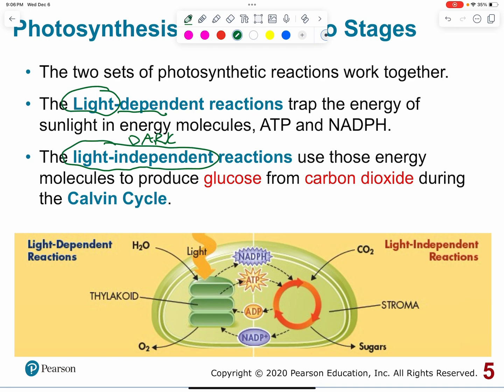But they got rid of the term dark reaction because it sounds like it can only happen in the dark. It can happen in the dark. It can happen in the day. It just doesn't need light. So they call it the light independent reaction. They both need each other. They have to produce and help the next stage out. And so we're going to go over these, starting with light.